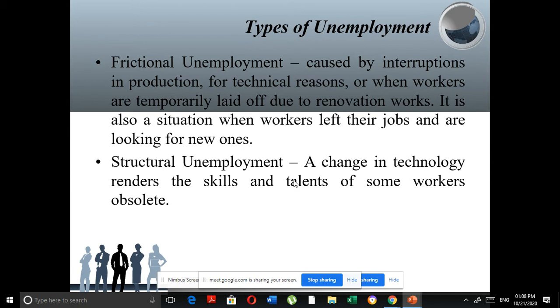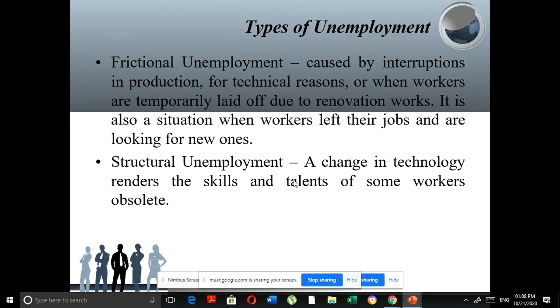Structural unemployment occurs when a new technology and new innovation appear. This change in technology renders the skills and talents of some workers obsolete. So structural unemployment exists when workers' characteristics do not fit with employers' requirements. But as I told you, frictional and structural unemployment are normal for economics.